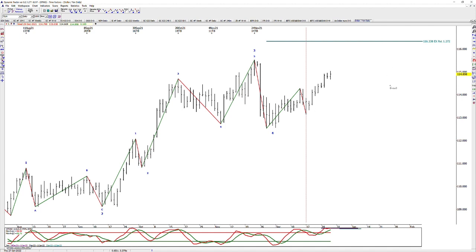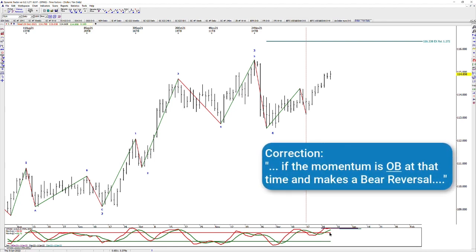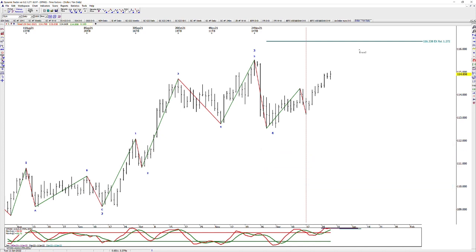If by chance the yen continues to advance and advances into January 3rd, and if the momentum is oversold at that time, it makes a bear reversal, and it has reached at least 127% external retracement, then we would have time, we'd have price, we'd have pattern, and we'd have momentum all coming together to complete a reversal.